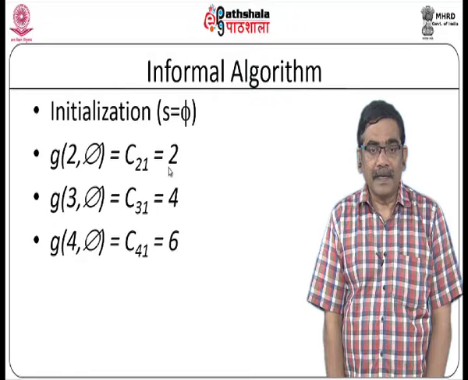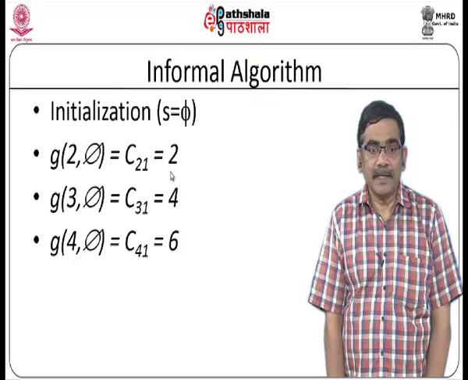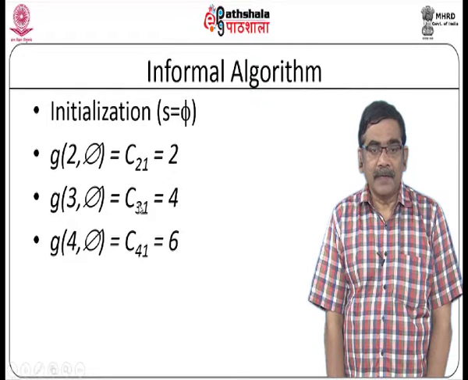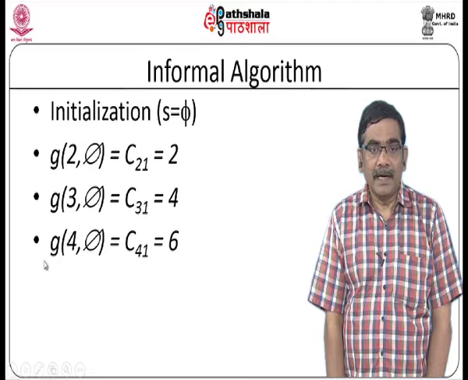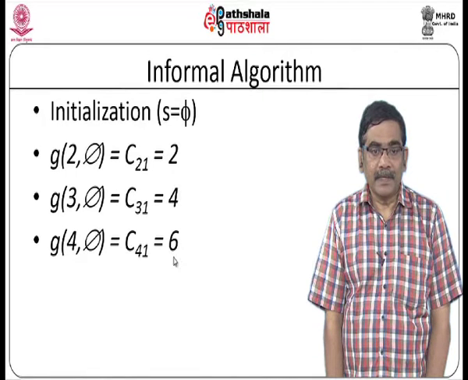In the graph I have not given the cost, so you can observe and note that c 2 1 is going to be 2. Similarly, I can find g of 3 comma null, it is going to be c 3 1, which is 4, and g of 4 comma null is going to be 6. So, this is our first level.